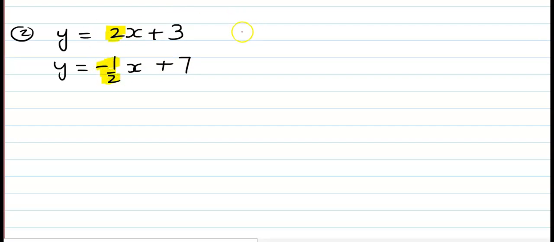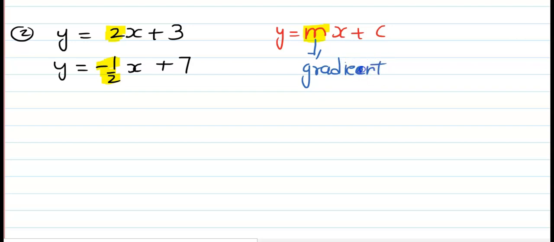Now you must be wondering why I am calling it the gradient. In the equation y equal to mx plus c, whatever is with x is called the gradient, and this c is called the y-intercept.